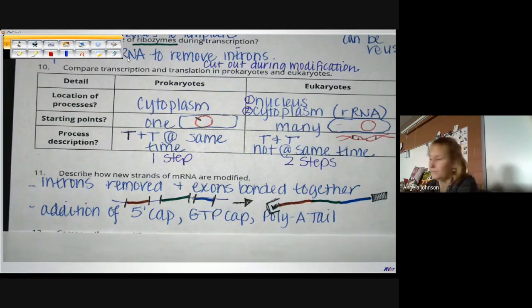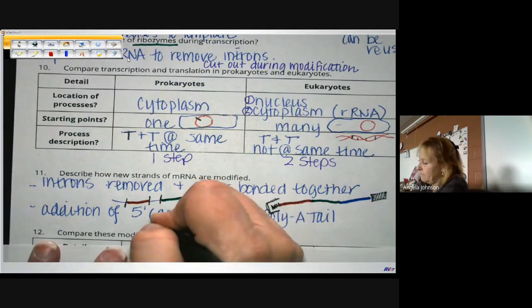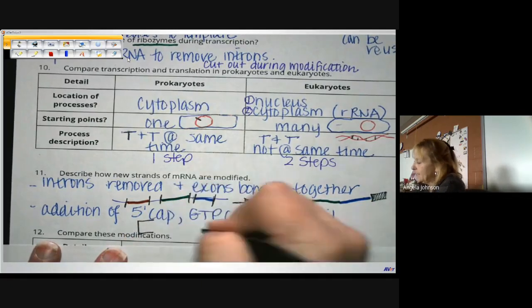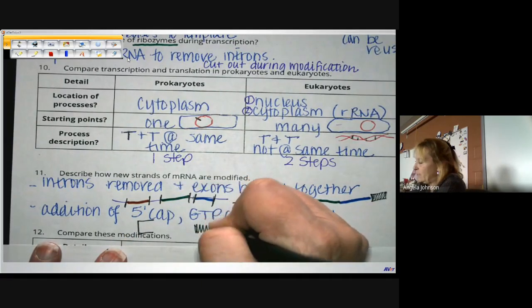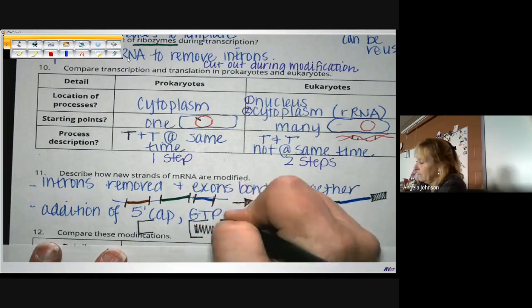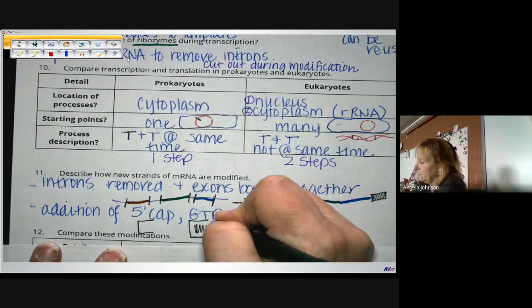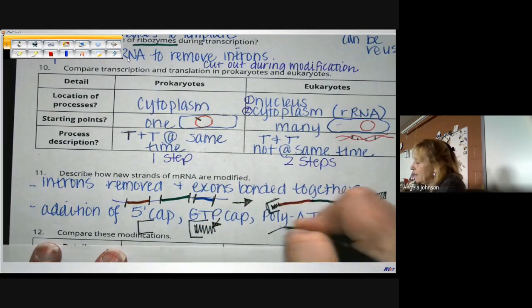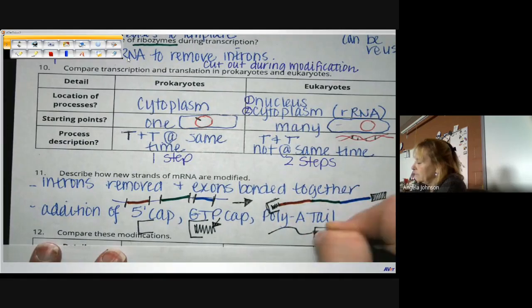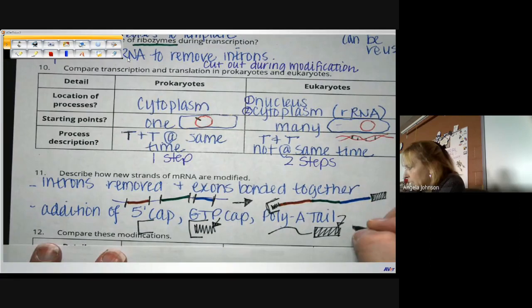So 5', and inside that 5' is the GTP. And then the poly A tail. And remember, that's anywhere between like 50 and 200 adenines in a row.